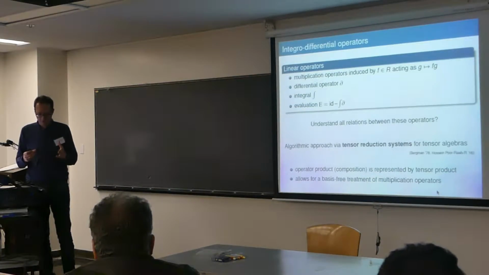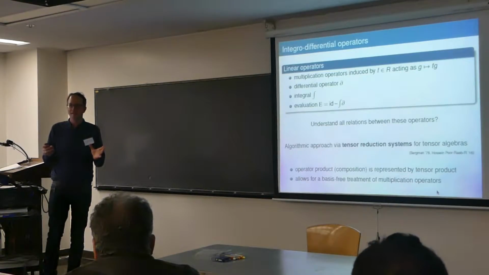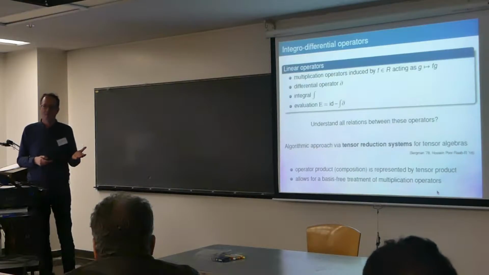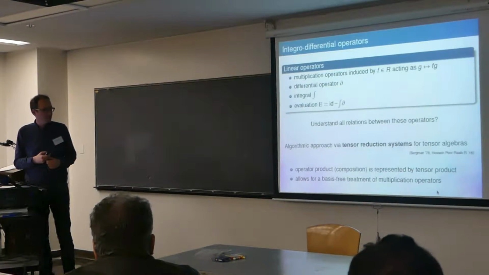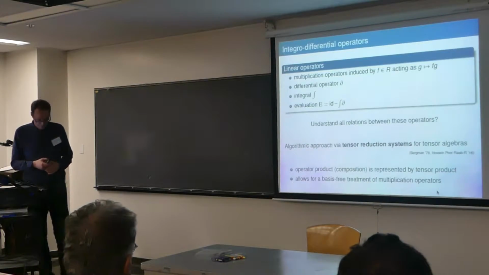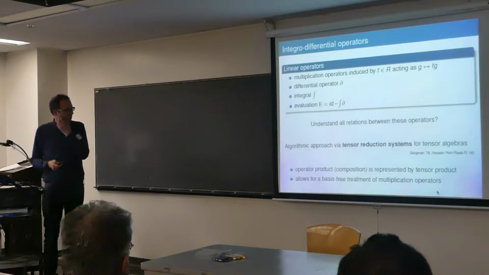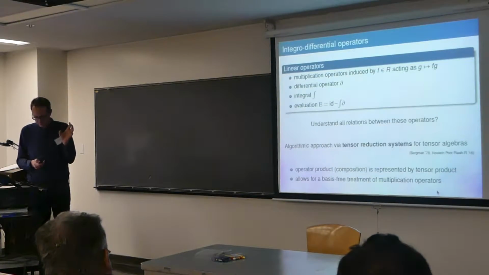And so to say, the tensor algebra takes care of all the multilinear structure and the identities. But it forgets all the rest, all other identities that our operators satisfy, we have to add by additional relations.